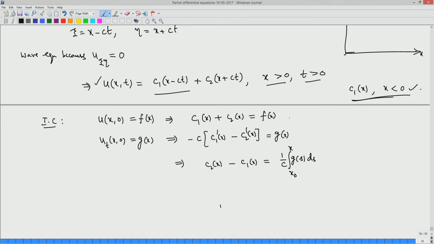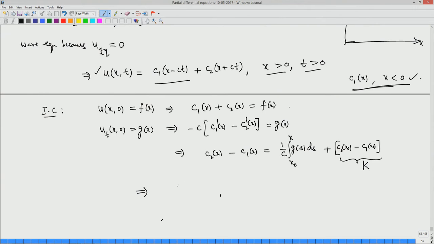If you do this, the difference minus this is going to be plus. So you have c2 at x naught minus c1 at x naught. This is an arbitrary constant. Call this k, some arbitrary constant k.